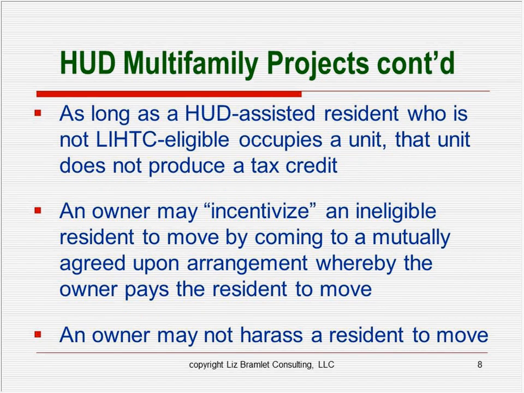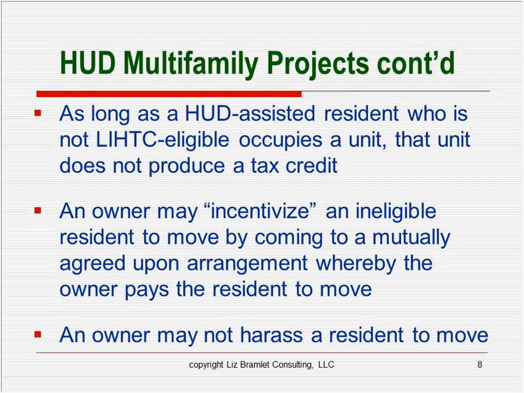Now, as a HUD-assisted resident who is not tax credit eligible occupies a unit, again, their unit just won't produce tax credit. And in their memo, HUD did say that the owner may incentivize an ineligible resident to move by coming to a mutually agreed upon arrangement where the owner pays the resident to move, but not under duress.